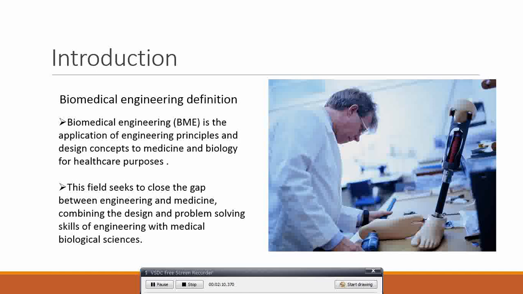For example, like in this photo, basically you need certain knowledge on the materials of this prosthesis, and then how this material is made. So you need a material engineer in this design. After that, you also need a person with the physiology background.